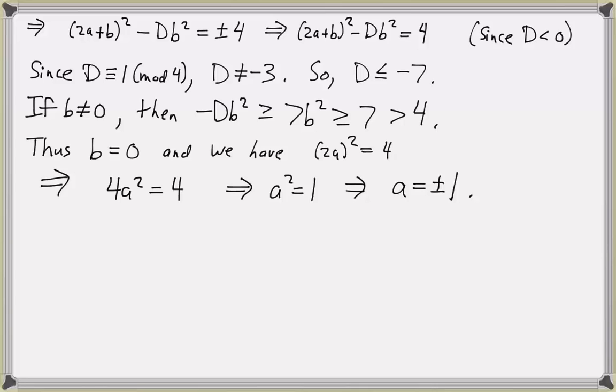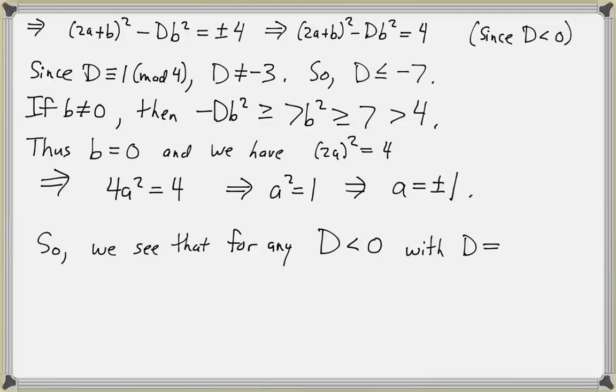So to summarize, we see that for any D less than 0, other than negative 1 and negative 3, the only units are plus and minus 1.